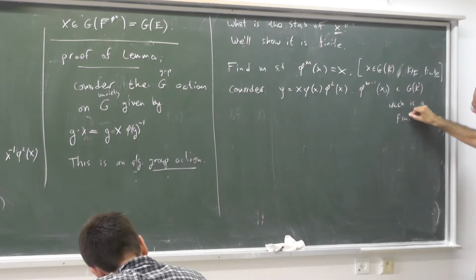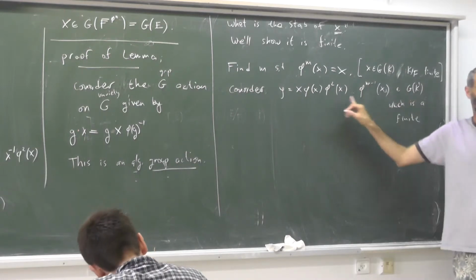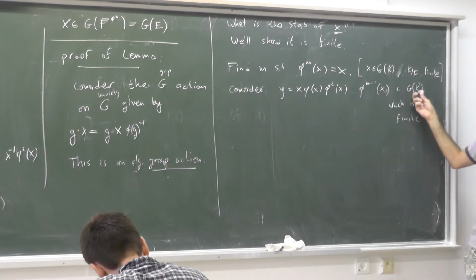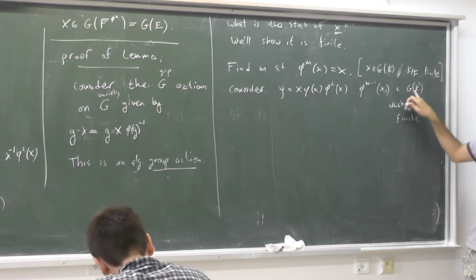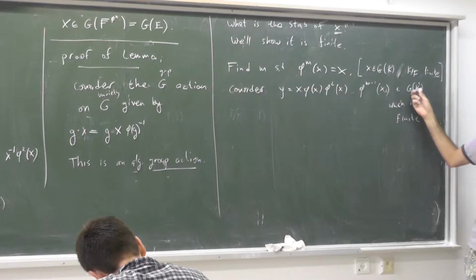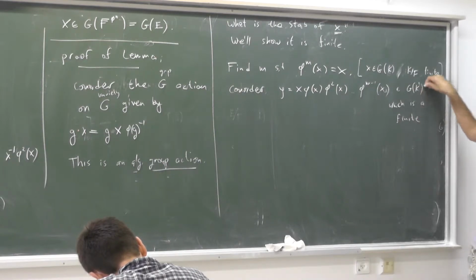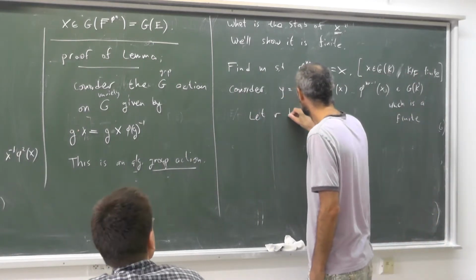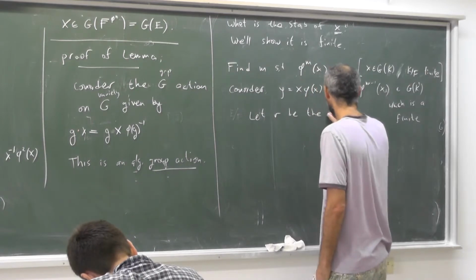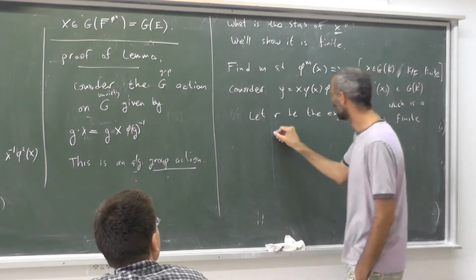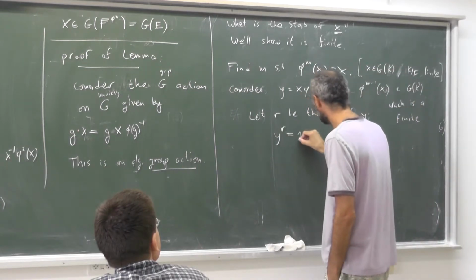The thing is, I'm looking at this element. This is a group element. It is defined over some field, which is finite. So it sits in the K-points of the group. So all in all, this is a finite group as well. So let R be the exponent of y, so that means y to the R is 1.